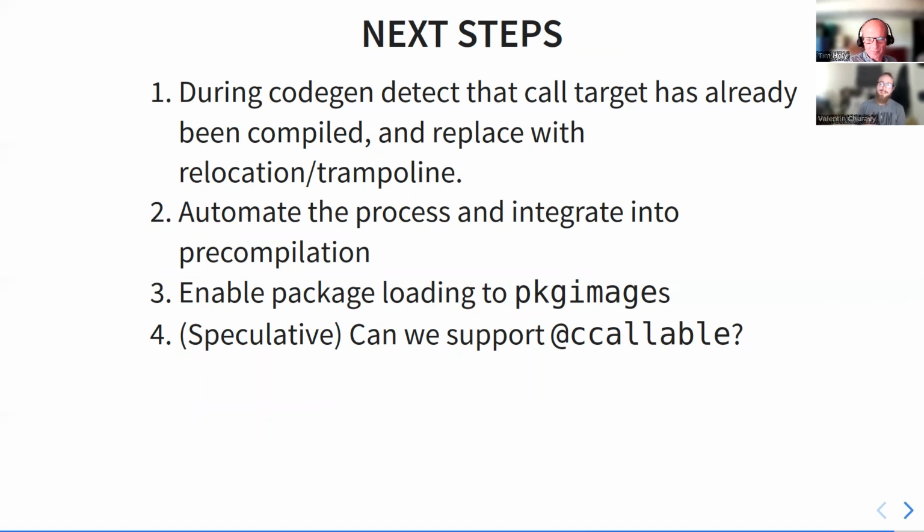One thing that we will probably not get to in the near term is whether we can support the Julia feature @ccallable, which exports a Julia function in a C compatible way. In theory, we could then link these package images against native C applications, but that's very far out in the blue.